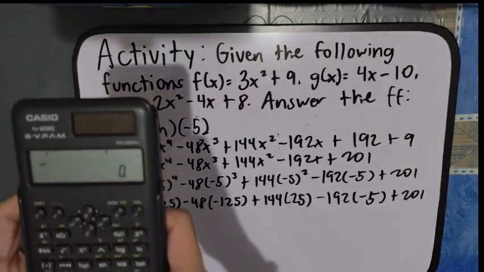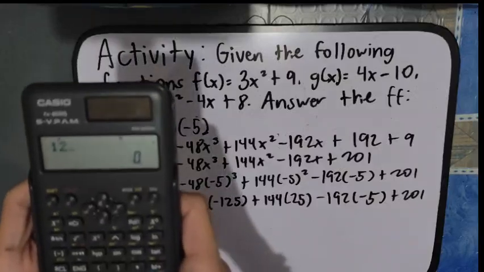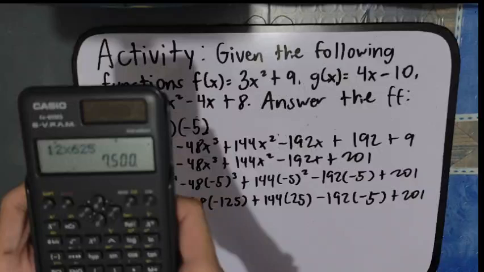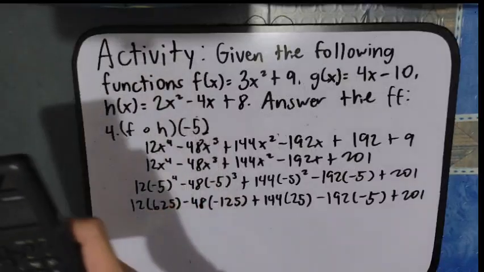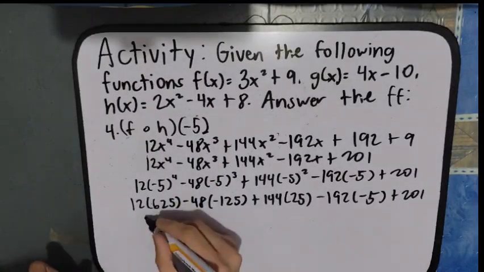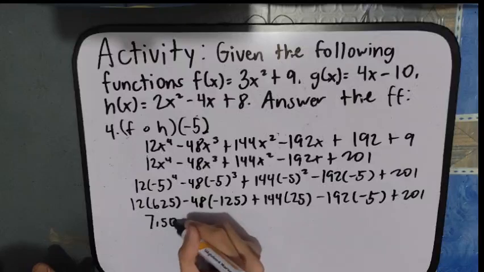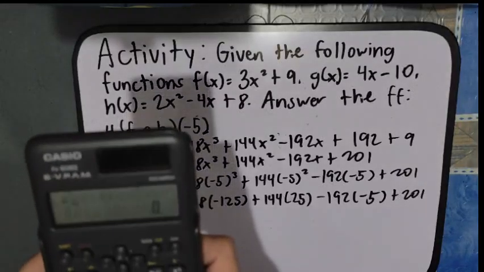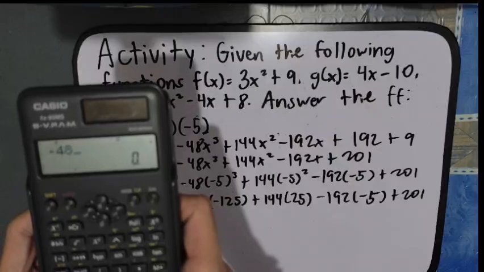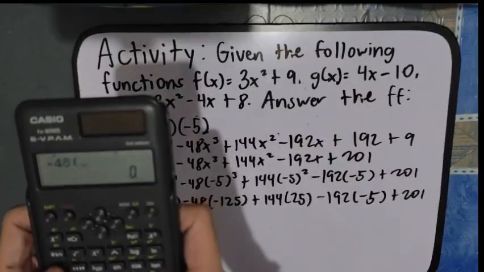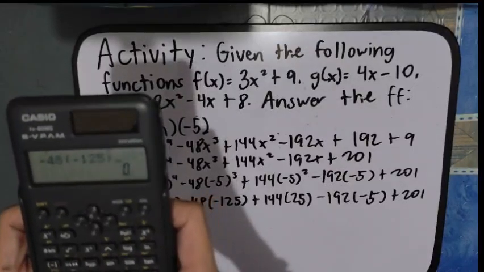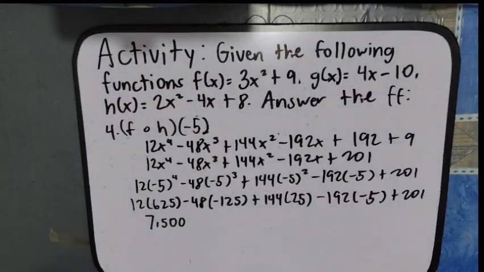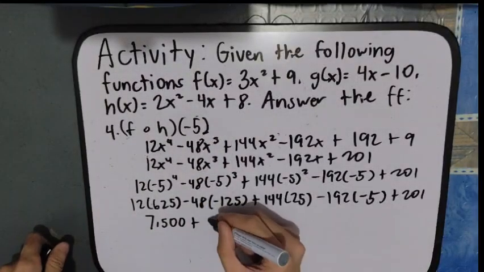So get your calculator. 12 times 625. The answer is 7,500. So 7,500. Next up, we have negative 48 times negative 125. We have positive 6,000. So positive 6,000.